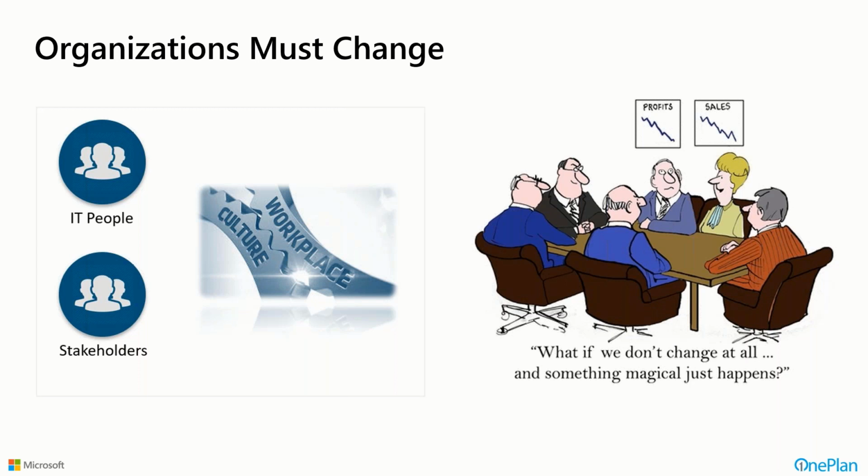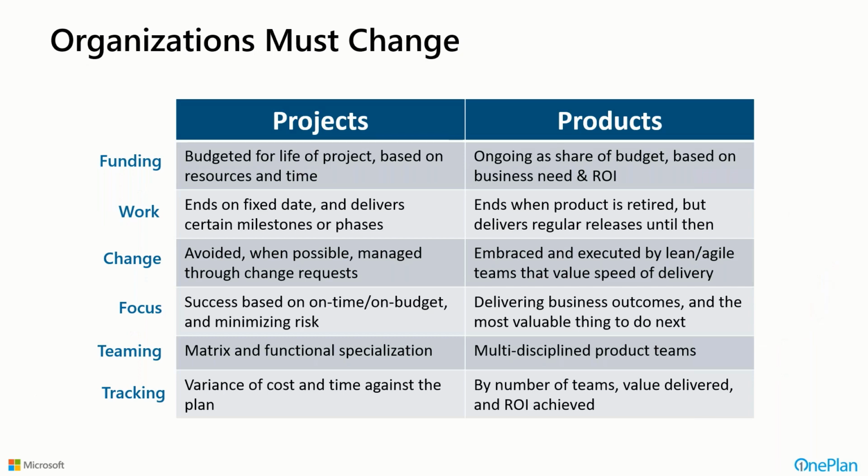This cartoon on the right asks, what if we don't change at all and just something magical happens? We don't have time or can't afford the risk of waiting. We have to do the things that make us competitive and relevant in our own marketplaces, and to make sure that we don't lose the customer base that we have, or the opportunity for future customers that we might have as prospective potential.